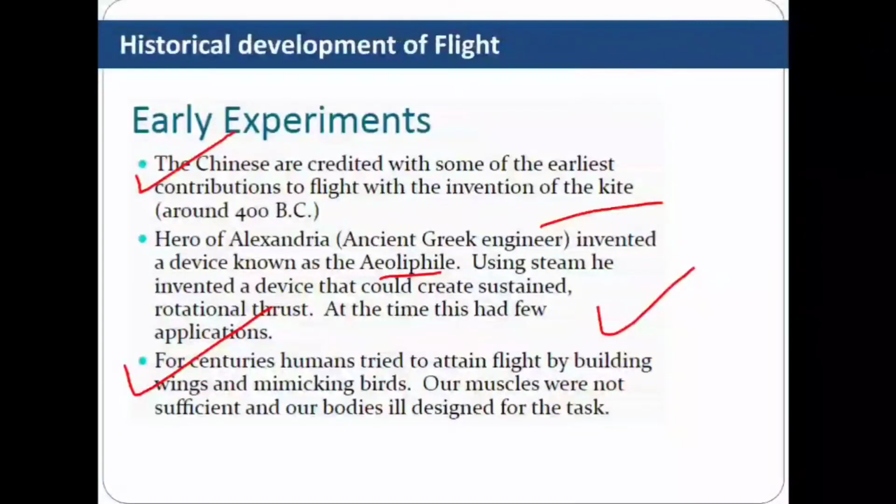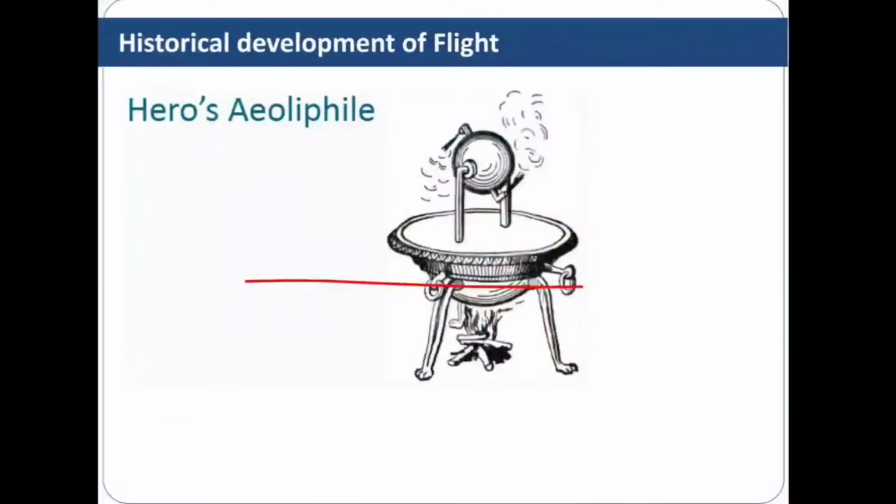After that, this is the device I have shown, the best example from the very earliest concept. This is a concept of a jet engine, and you can see it spinning around with the help of steam. You can also find videos of it on YouTube.